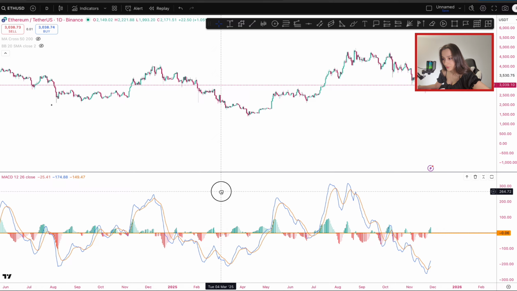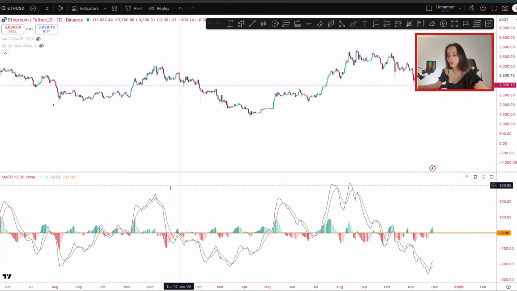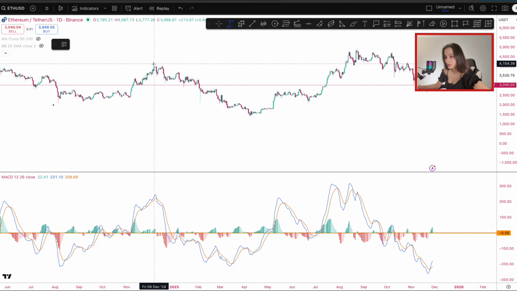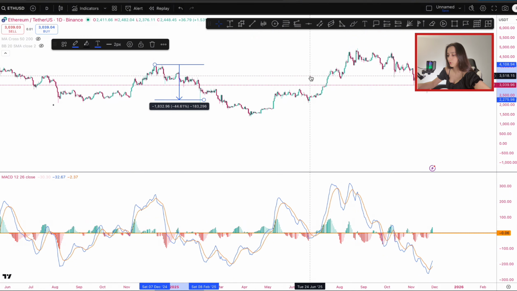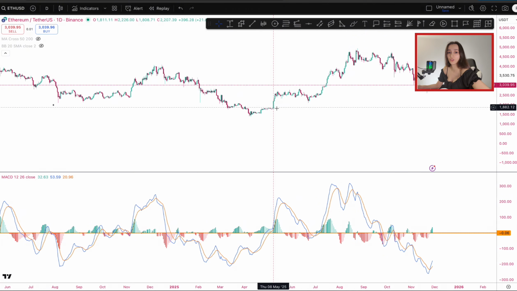And when you see a cross down in the positive area, the blue line crosses the orange one, and it drops. When you see negative movement in the positive area, that's also huge. As you can see, almost a 40 percent drop.